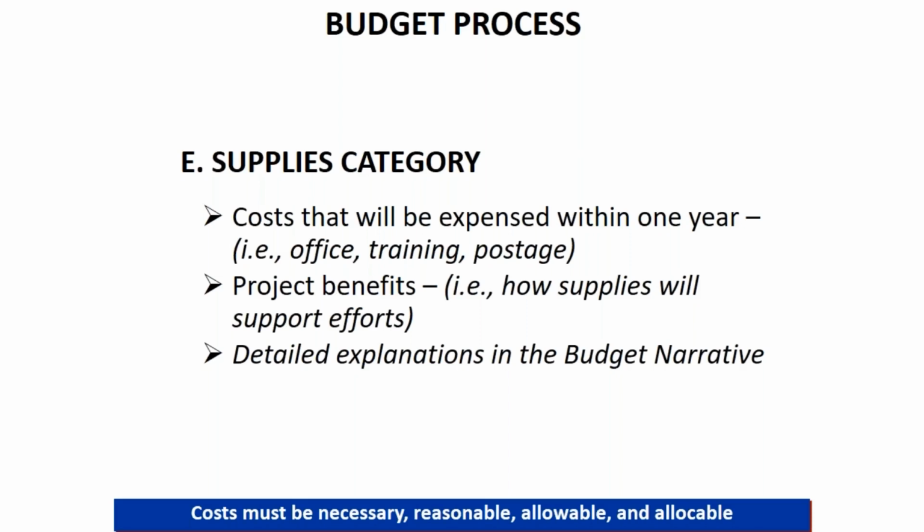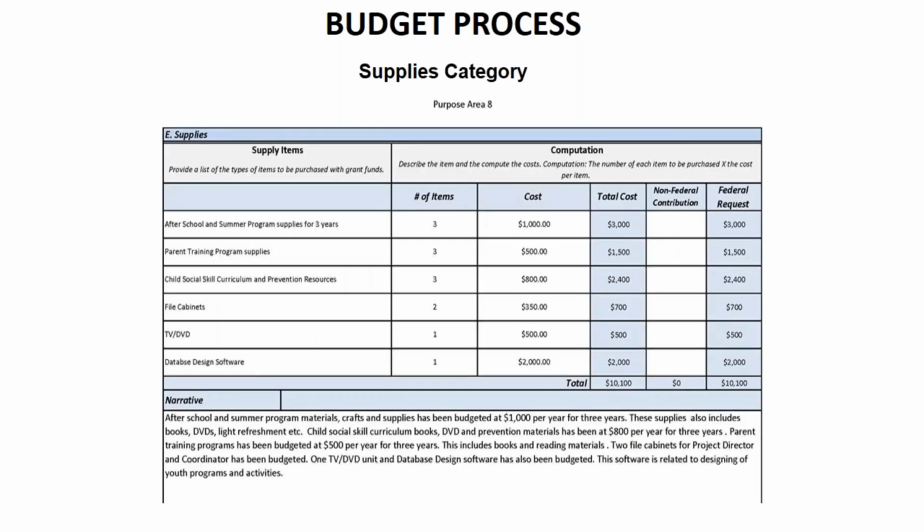So for the supplies category, you need to provide us an estimation of your cost for supplies, how your supplies are going to support your particular grant program, and also you need to include a detailed explanation in your budget on how they're going to support your program.